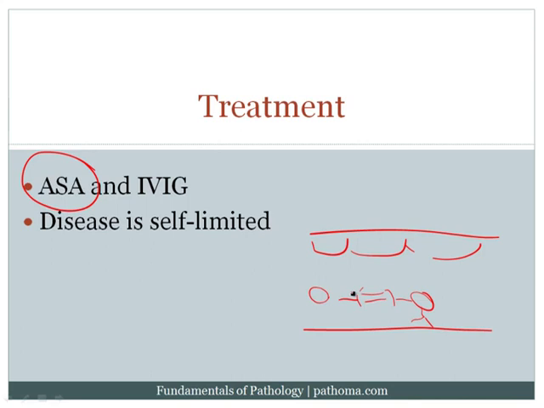Now, aspirin inhibits platelet cyclooxygenase, and when it inhibits platelet cyclooxygenase, it decreases the ability of those platelets to produce TXA2, and TXA2 is very important for that step of aggregation. And so in this particular case, we give them aspirin, which protects them against the potential formation of a thrombus within the coronary artery. IVIG has also been proven to be helpful in these individuals.